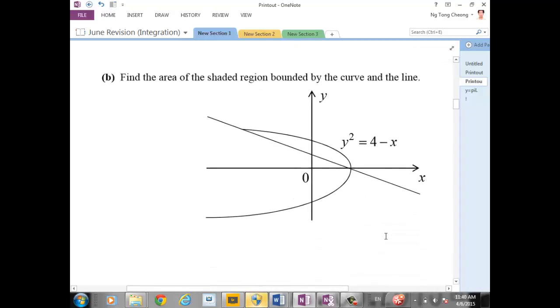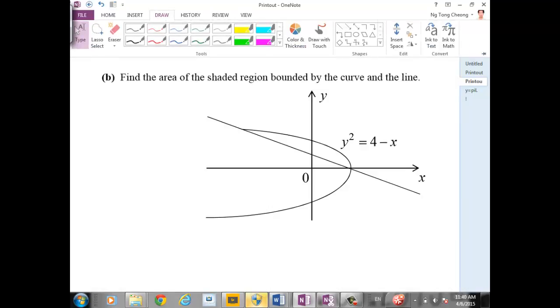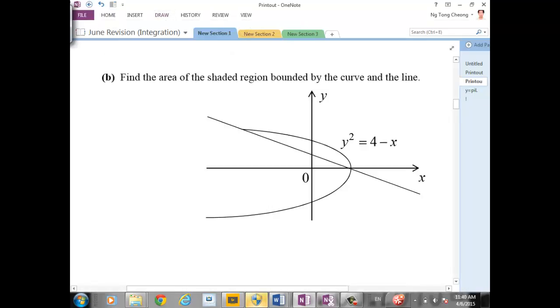Okay, so now let's move on to the next part. Next part, they want us to find the area of the shaded region, which on your copy is actually this part here.